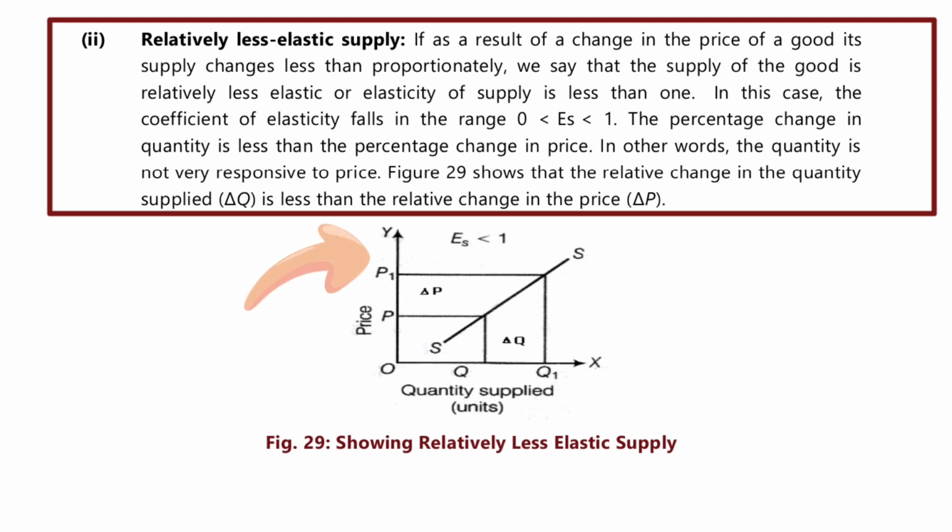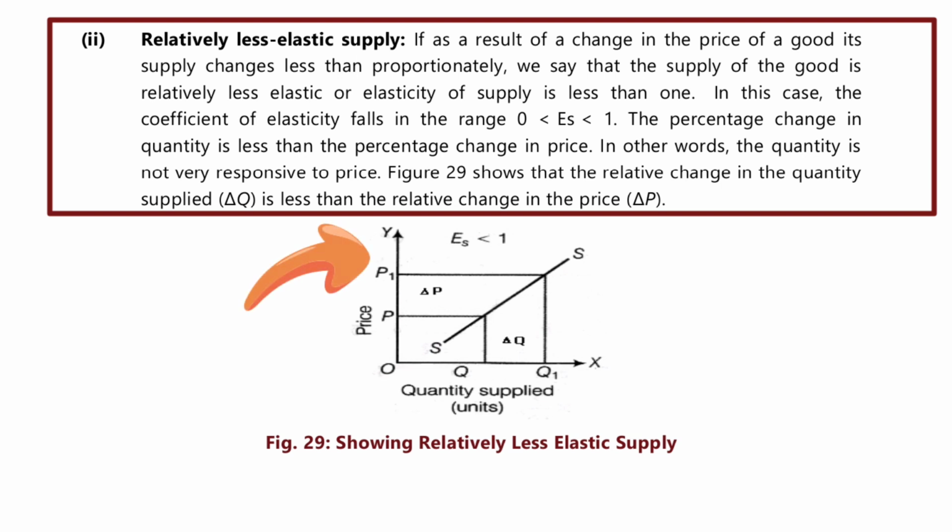Under price OP, the quantity that is ready to be supplied is OQ. But when the price shifts to OP1, the quantity shifts to OQ1. That means the percentage change in price is more than the proportionate percentage change in the quantity supplied in the market.